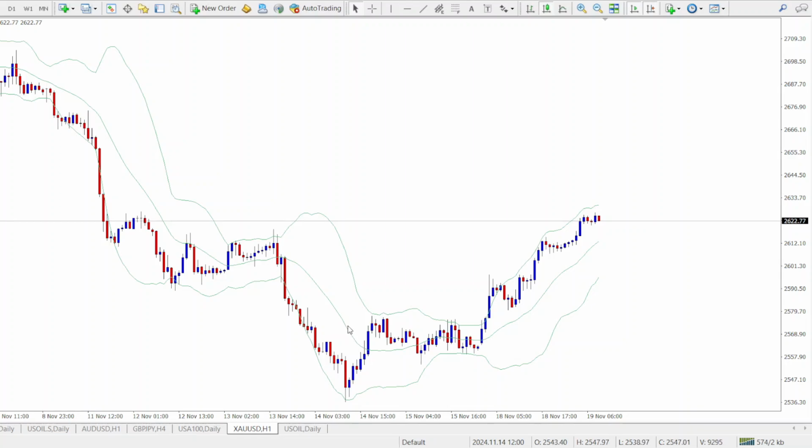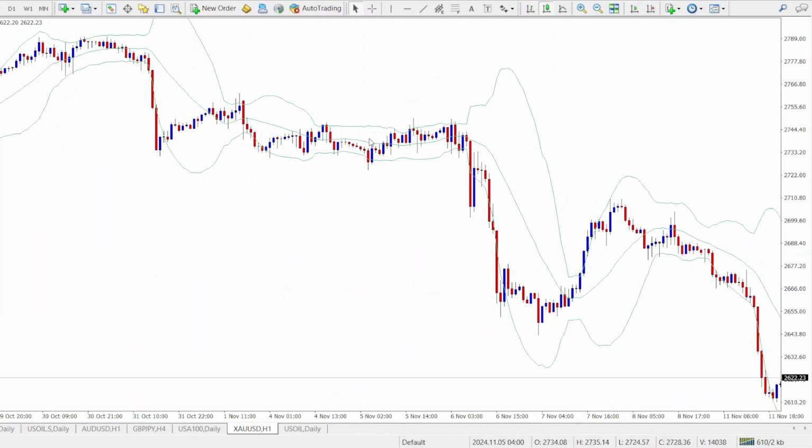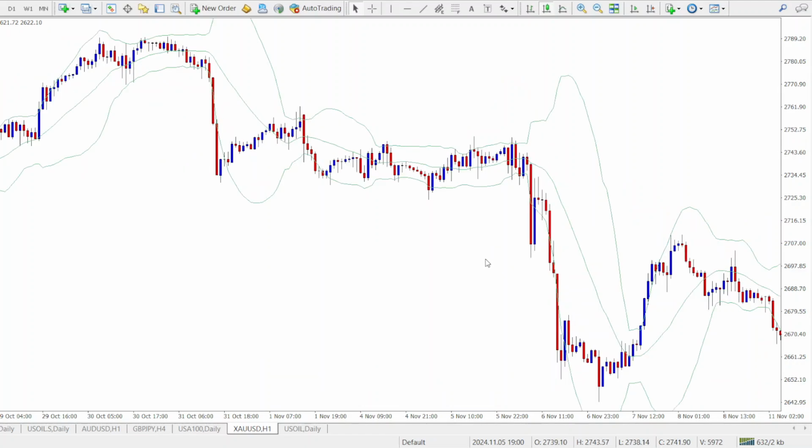These bands expand and contract based on market volatility. When the bands are tight, for example here, it means low volatility. On the other hand, when the bands widen, such as in this situation, the market is more active.